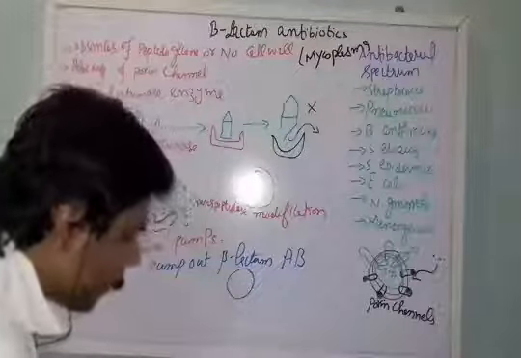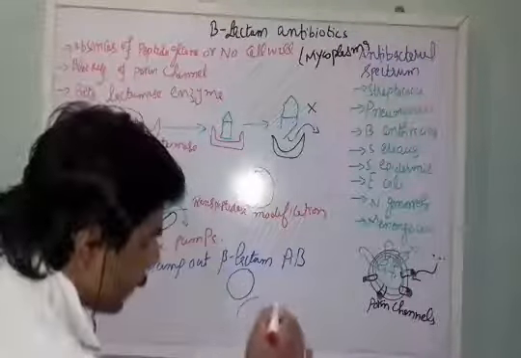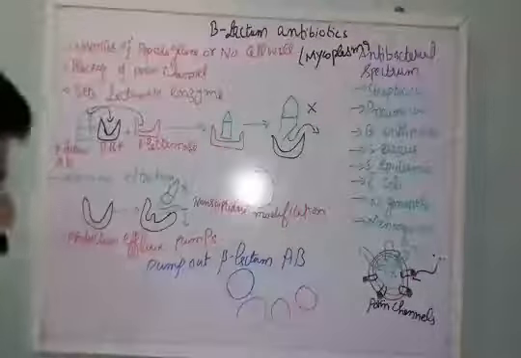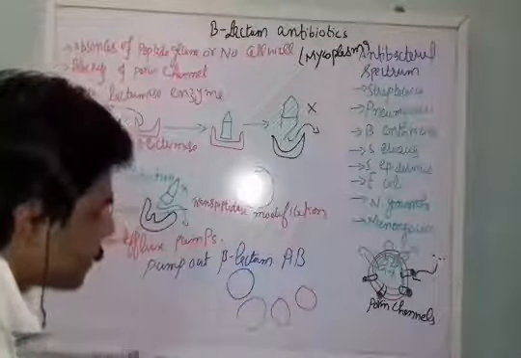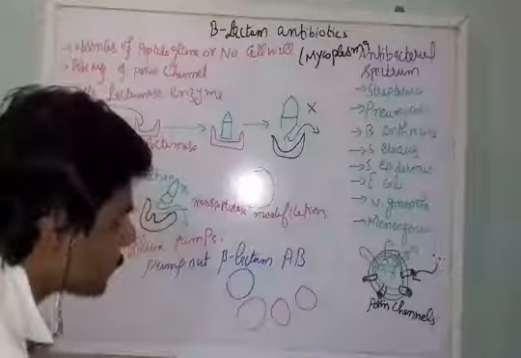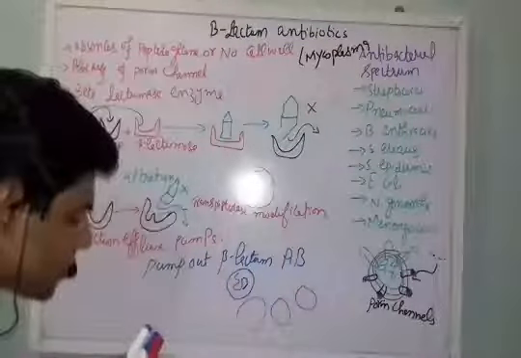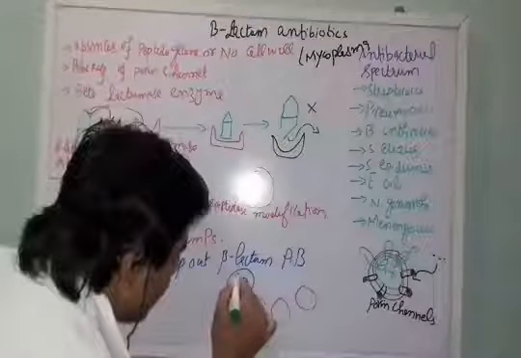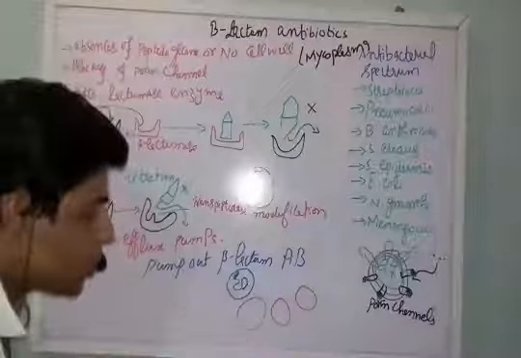Let's suppose this blue one is the resistant bacteria and this red one is the bacteria susceptible to this antibiotic. Then what happens? This blue bacteria will have some genes. Among these genes, they carry this, let me draw this green one. Let's suppose this green one is the resistance property or the resistance genes.